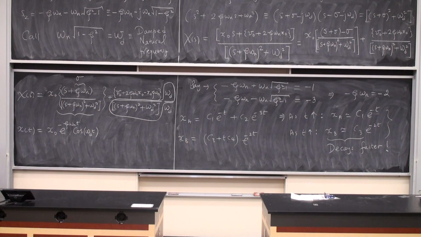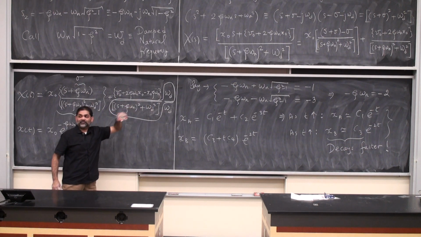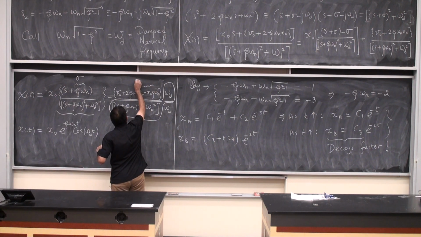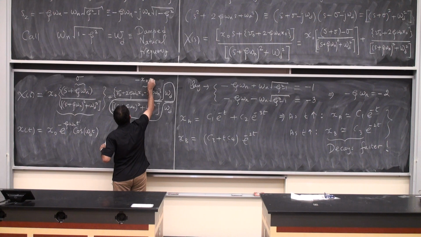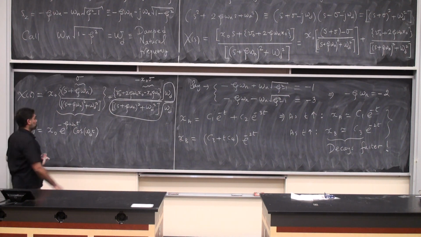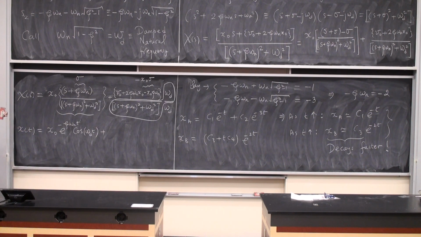If you have a question. What happens to the minus sigma or the minus zeta? Oh, that's right here. So that's x naught times sigma. Actually, I should maybe write it down here. So this is minus x naught times sigma. Okay, then the inverse of that gives me the following. So plus, 2 zeta omega n x naught minus x naught zeta omega n is just x naught zeta omega n.